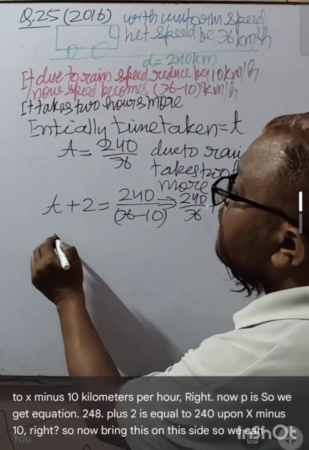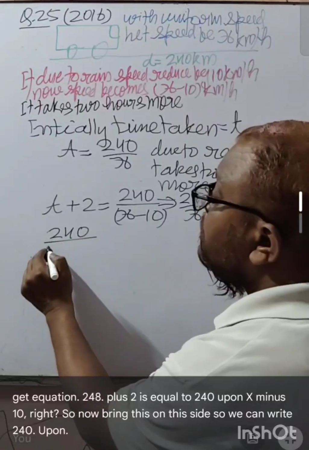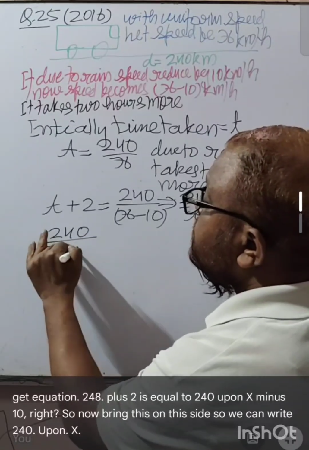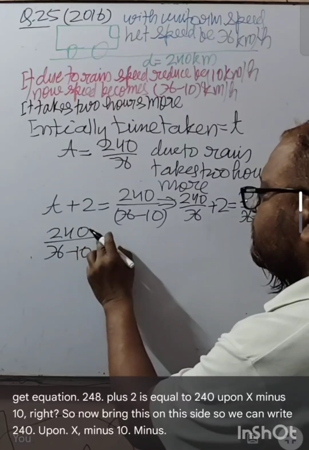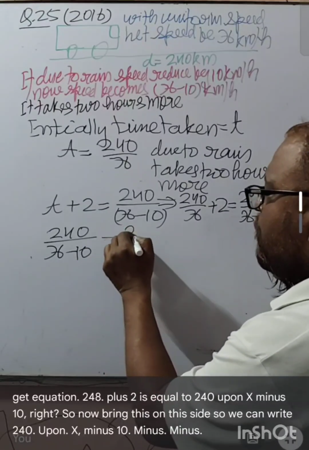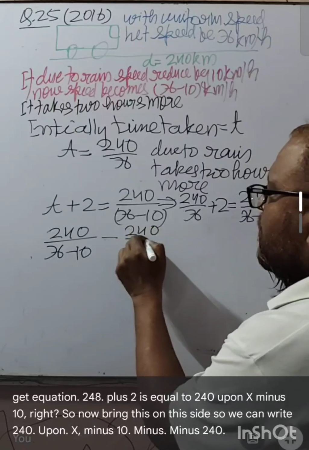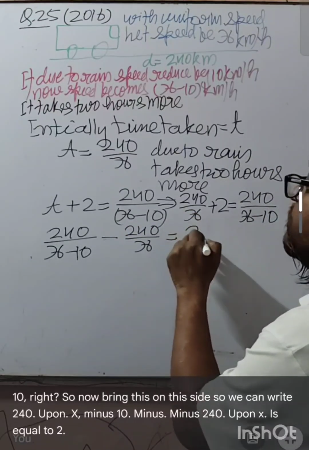So we can write 240 upon x minus 10 minus 240 upon x is equal to 2.